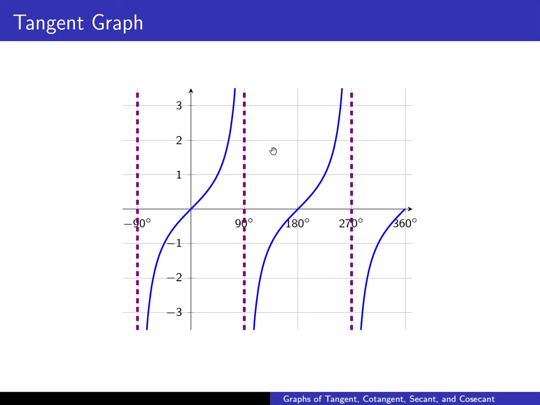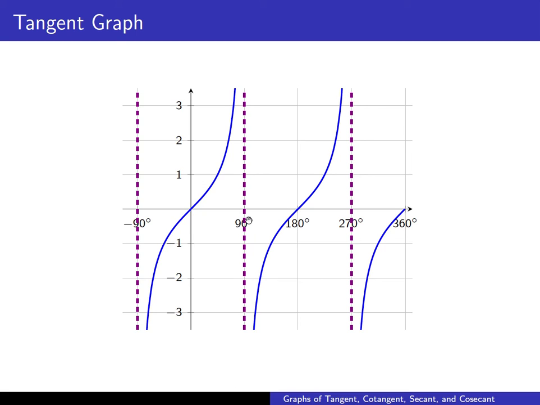We have vertical asymptotes where, as our x values get closer and closer to 90 degrees coming in from the left hand side, our y values are going to skyrocket up towards infinity. And as we get closer to 90 degrees for our x values coming in from the right hand side, our y values are going to plummet down towards negative infinity.